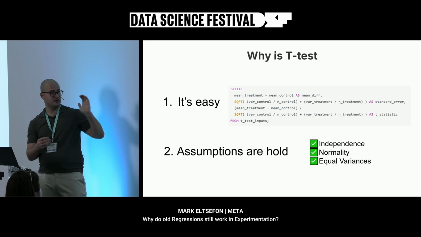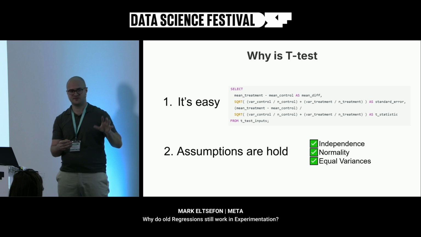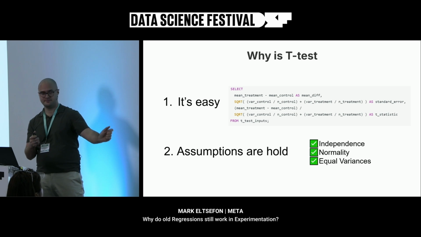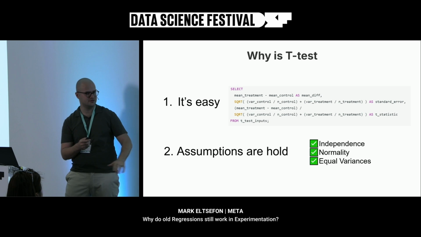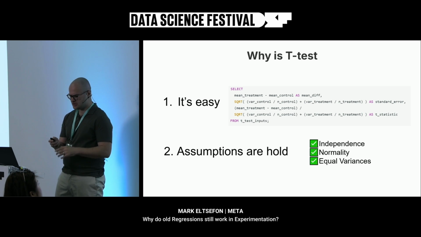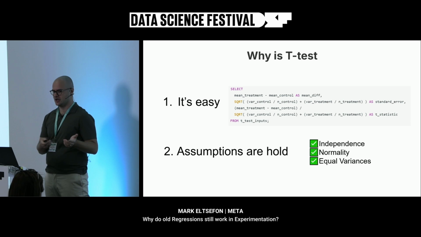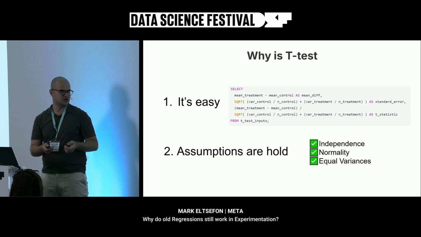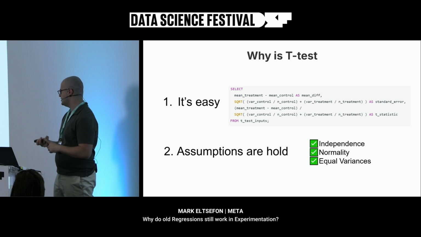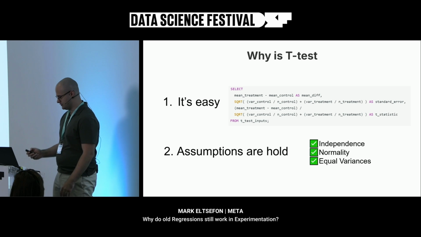We should have a normal distribution of means of this data. And it works for enough sample size, mostly everywhere, due to the central limit theorem. I'm not going to prove it here, but you can check it out. And equal variances: in most practical cases, we just don't assume that variance can change. We have similar size groups, we have a conversion metric, and we just don't expect that variance can be different.